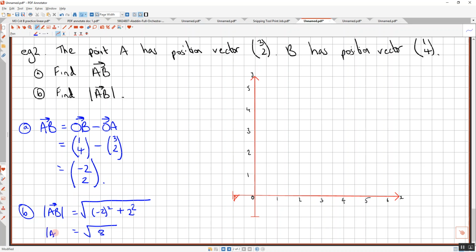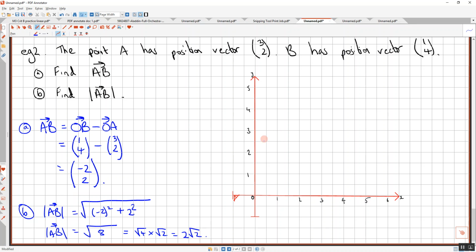Did anybody simplify root 8? No? Come on, we should be. What's root 8 the same as? 2 root 2, okay? Because it's root 4 times root 2, which is 2 root 2.